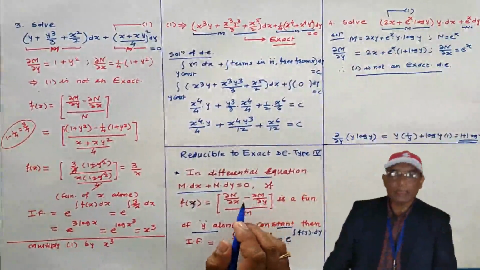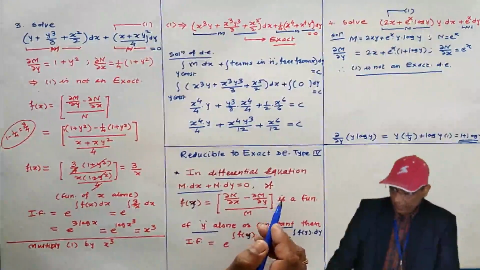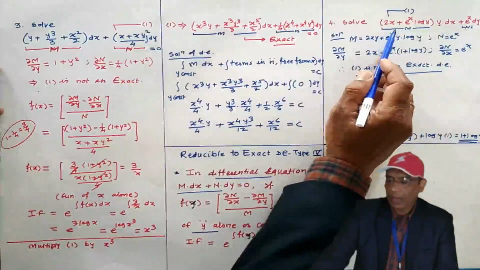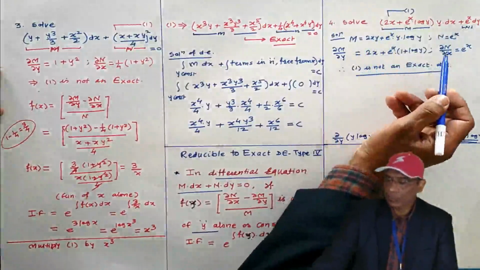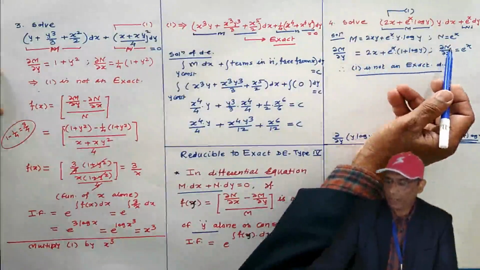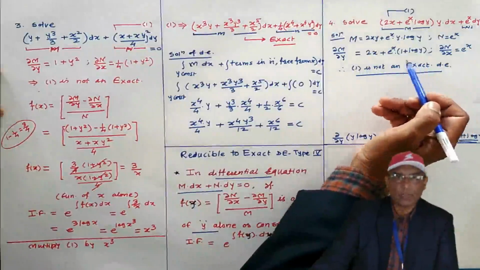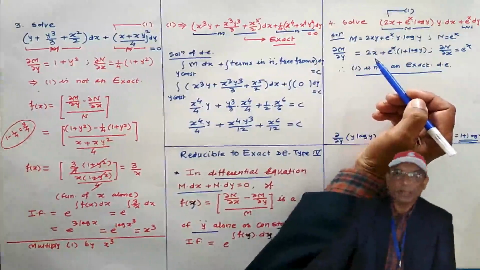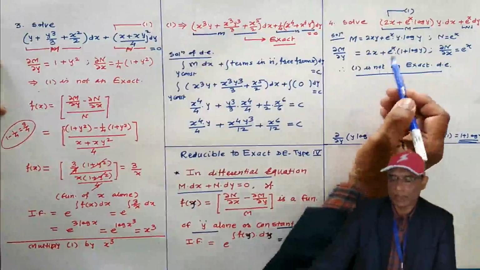See, initially the identification of the type of differential equation is important. Suppose this differential equation is given to you, and we check whether it is exact or not. These two values, del m by del y and del n by del x, are not the same, therefore it is not an exact equation. If it is not exact, then we try to find an integrating factor so as to convert it into an exact differential equation.